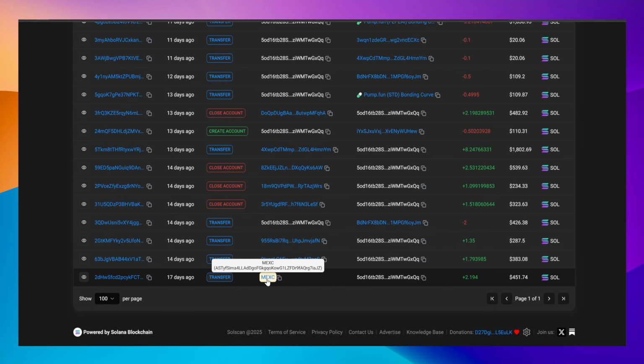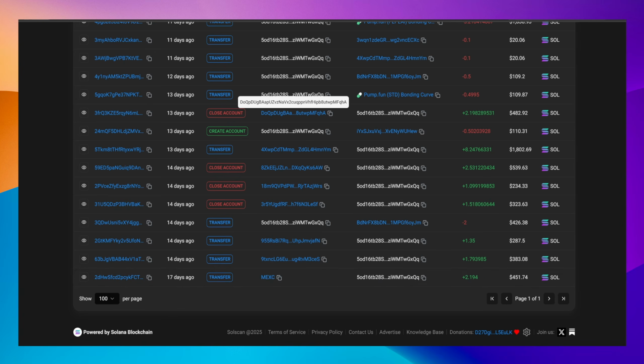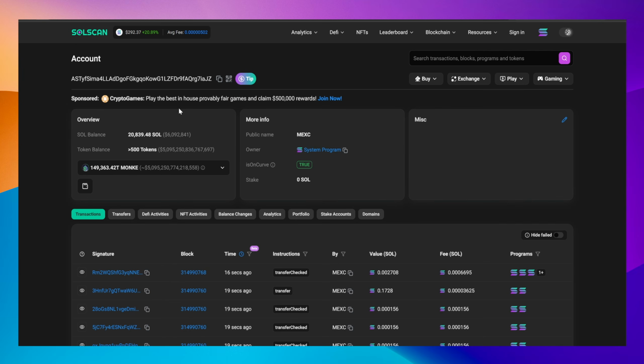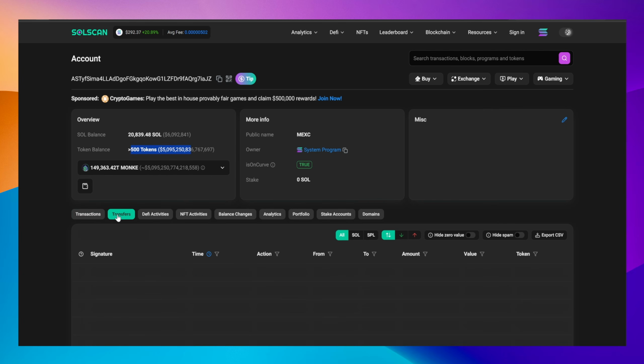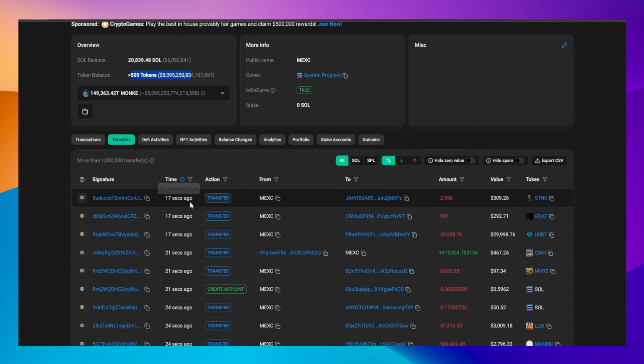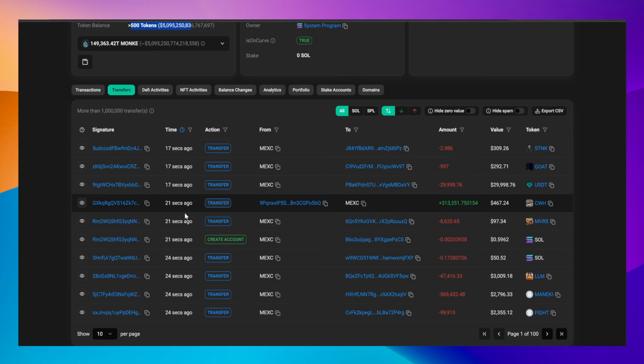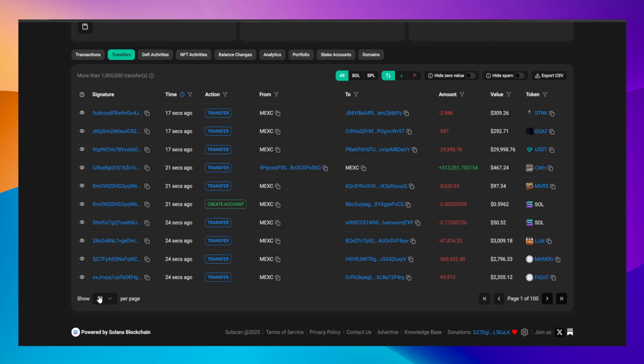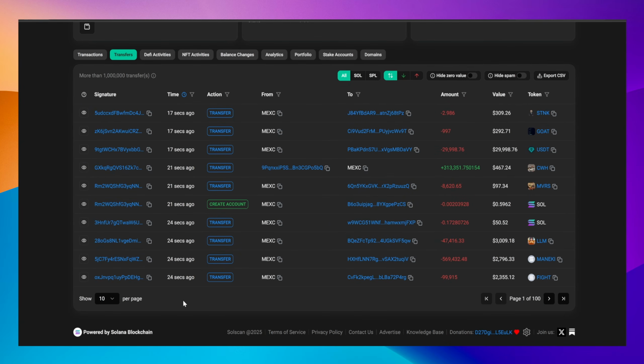The bad part is that you cannot reverse centralized exchange transactions. For example, if I open this account, you're going to see that it has a ton of Solanas, a ton of tokens, and it has a transaction every few seconds. This is a shared wallet used by the centralized exchange, and it's used to handle every user transaction.